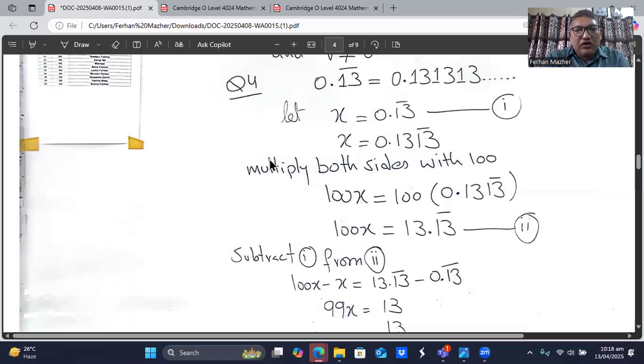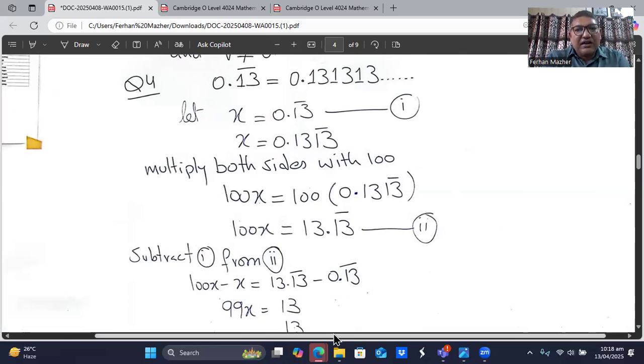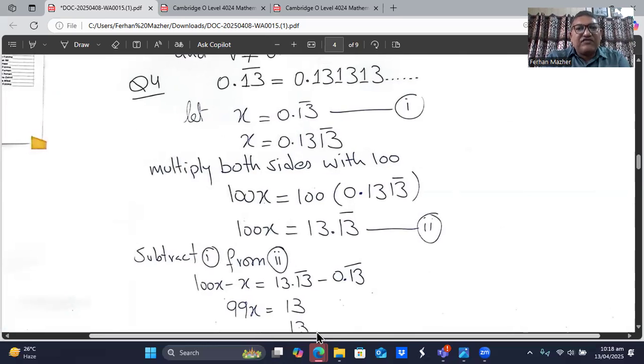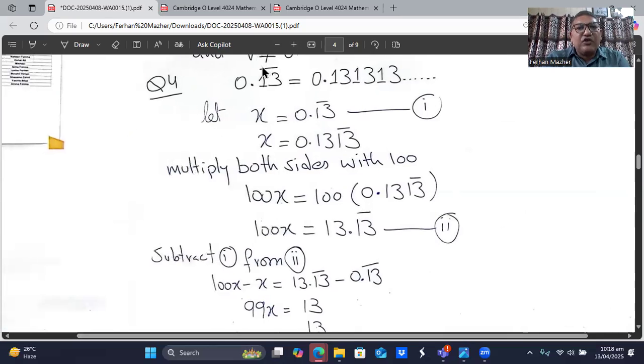Okay, so here we have 0.13, and on that 13 we have this bar. Sometimes they put dots on 1 and 3. So that means this 1 and 3 will be recurring, it will be repeated. So that means 0.131313131313, and it goes on.